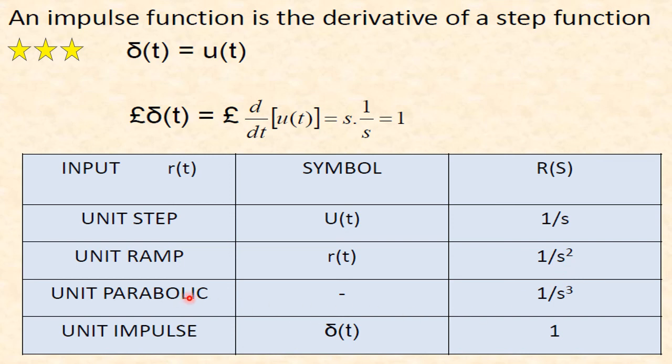For parabolic we can use the same symbol r of t, and the output function is 1 by s cube. For unit impulse delta of t, it is 1. Normally students will get confused with unit impulse and unit step. Unit step is 1 by s and unit impulse is 1. Its area is always 1.